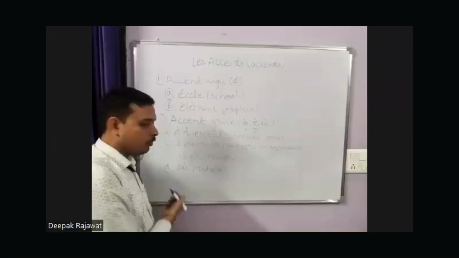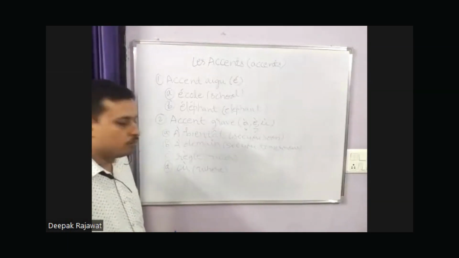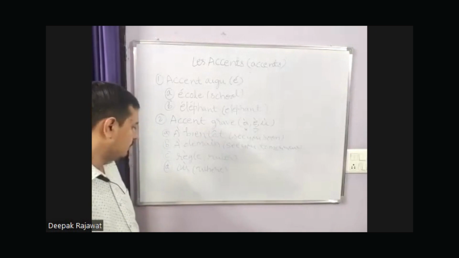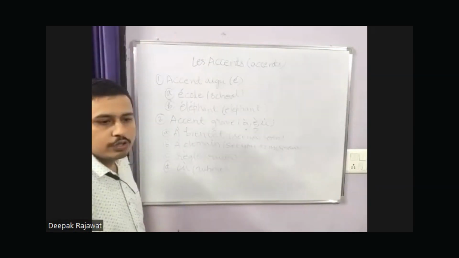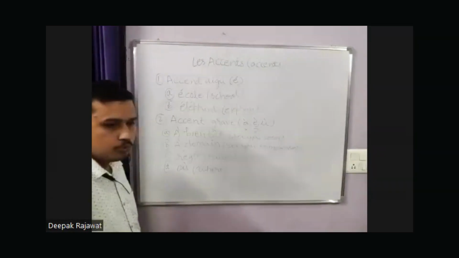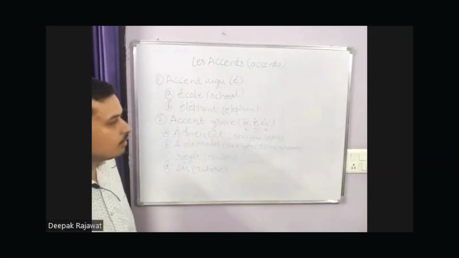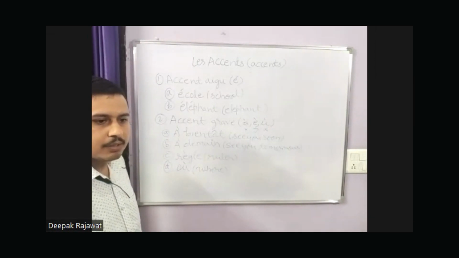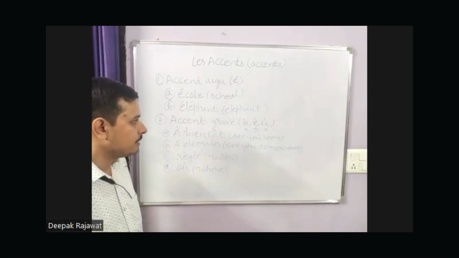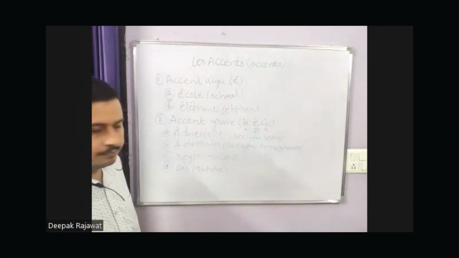When we make questions in French, we use this où. Où is where. So U is u, here also u. So here also it does not affect the pronunciation. Even though we have put the accent, the pronunciation remains the same. It only changes with letter E.